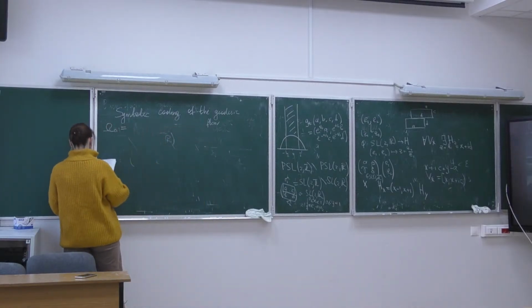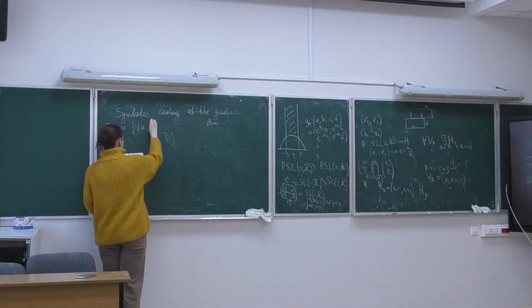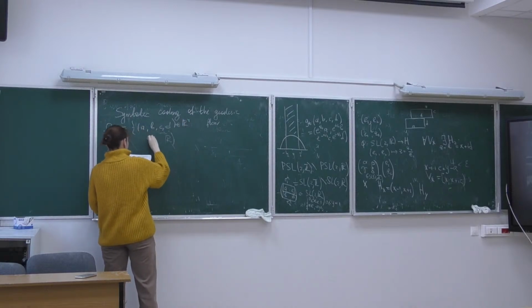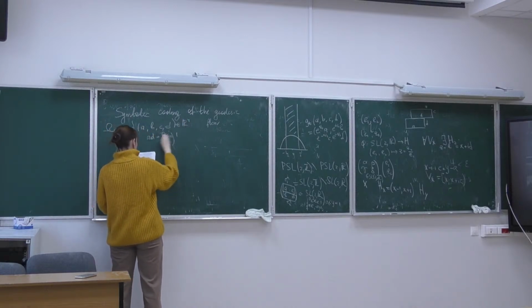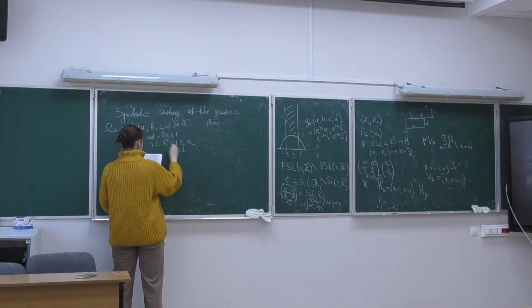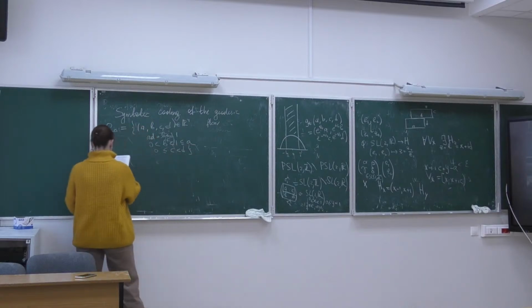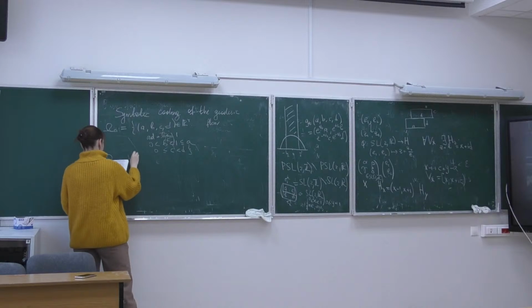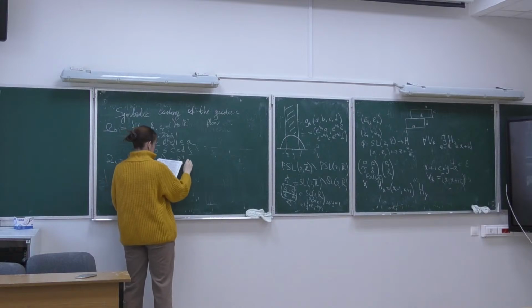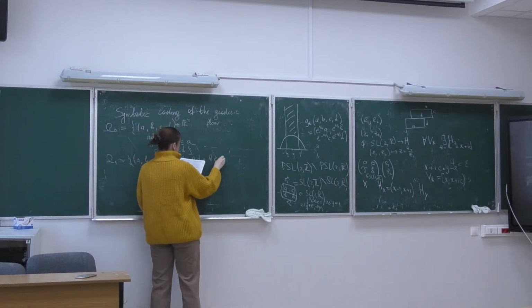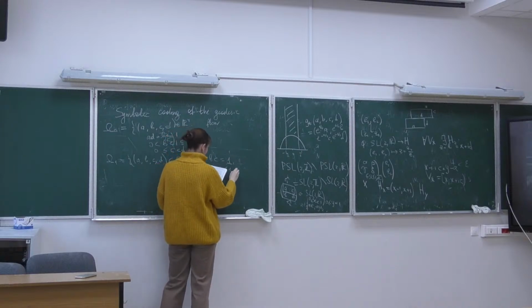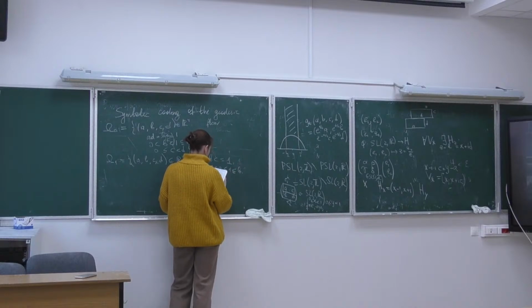Значит, нам понадобится такие множества. We always have AD plus BC equal to 1, but inequalities for the parameters can be different.